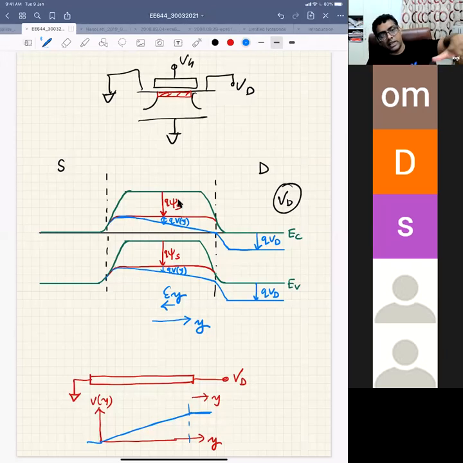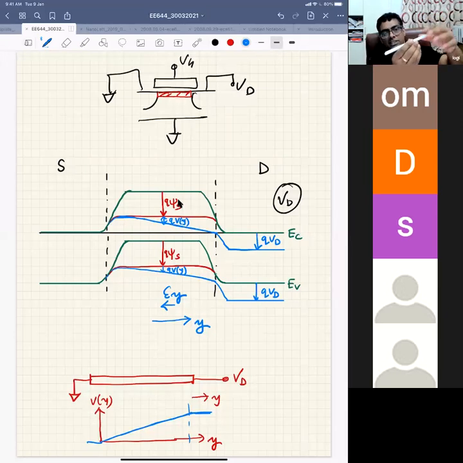It means there will be a gradient in the conduction band, there will be a gradient in the valence band, and that gradient represents your electric field. This gradient represents your drift velocity, right? Because if your mobility is constant, your electric field and drift velocity are related. So that gradient tells you what is your velocity, how the electrons will move from source side to the drain side, because you could find this slope.